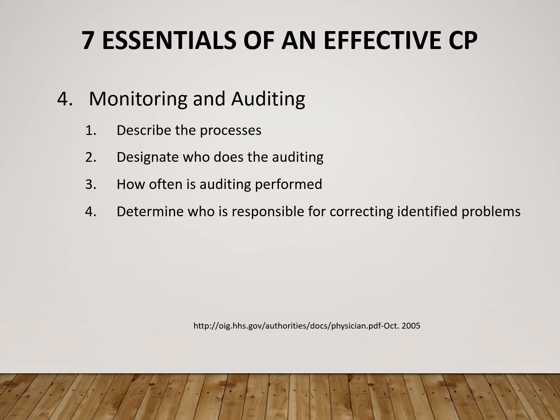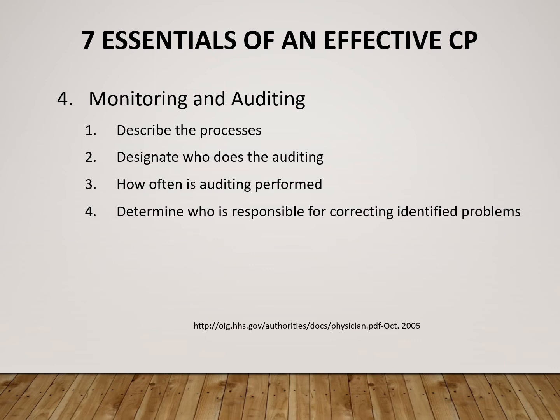Now, this is very flexible. The Office of Inspector General is very non-prescriptive on this because they realize that depending on the size of the covered entity and the resources available, different entities would have a different auditing process.